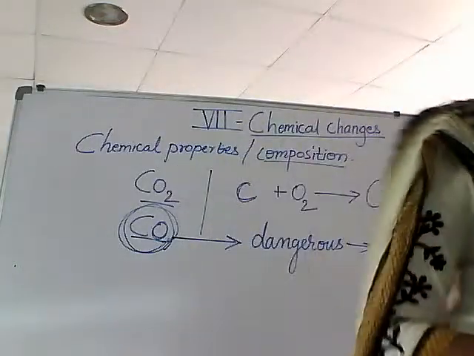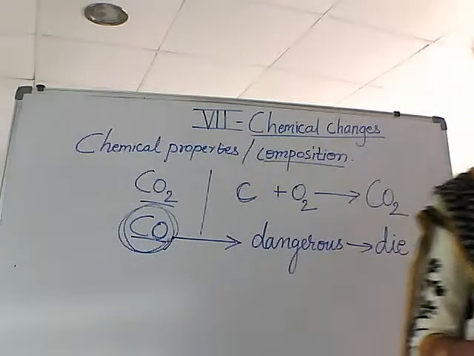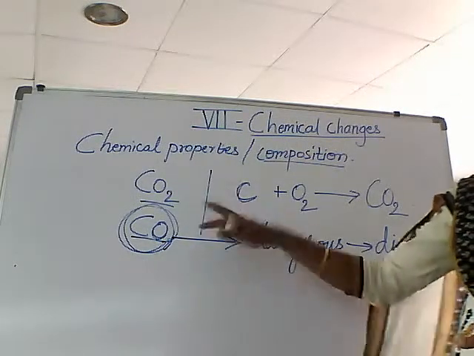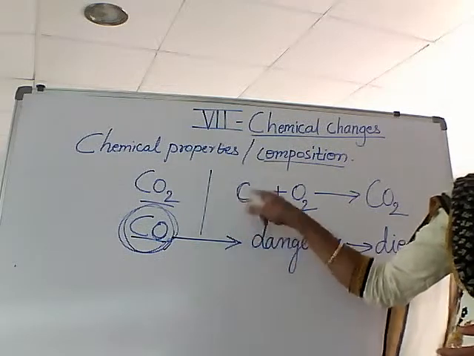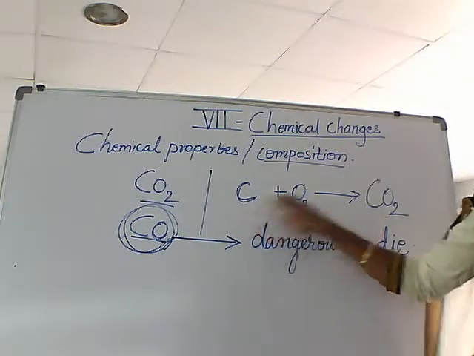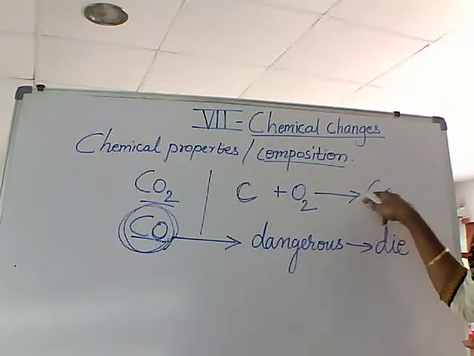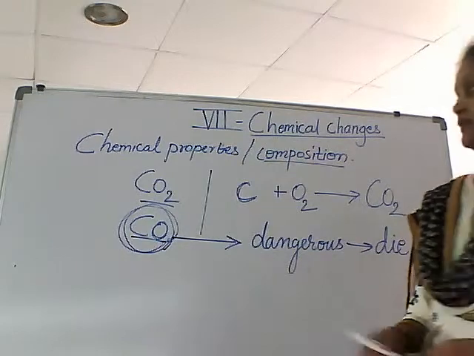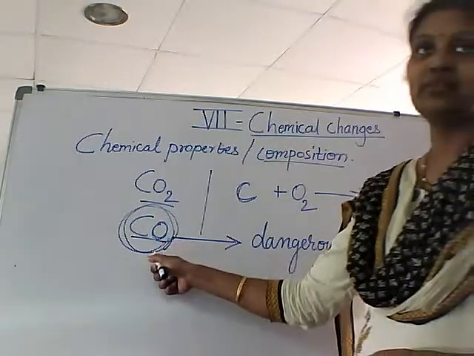This is again a chemical change. तो ये एक केमिकल चेंज है, कंपोजिशन ही चेंज हो जाता है ना. कार्बन है फिर ऑक्सीजन है, अलग अलग दो अलग अलग कंपोजिशंस मिलके यहाँ पर कार्बन डाइऑक्साइड भी मिलता है, कार्बन मोनोऑक्साइड भी मिलता है. देखो इसकी प्रॉपर्टी अभी टोटली डिफरेंट है.